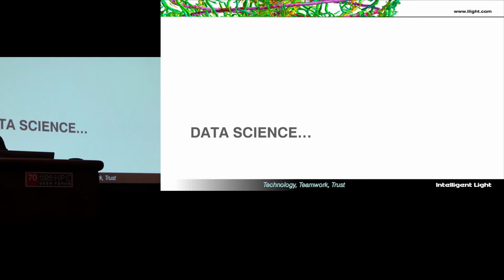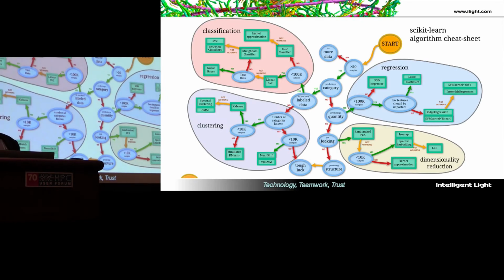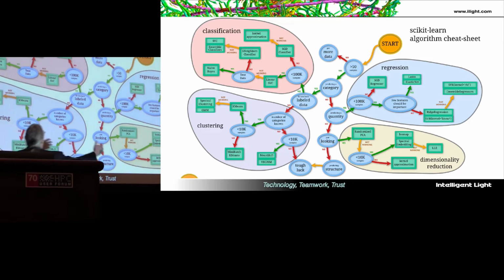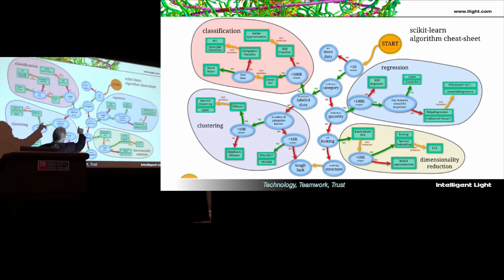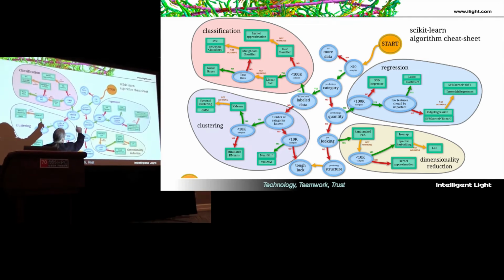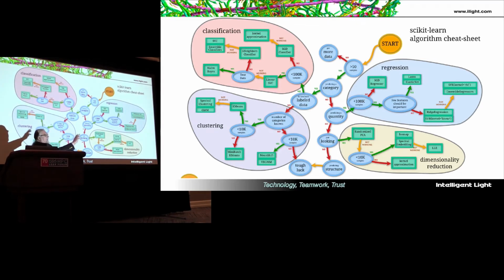So now let's talk about data science. This is one of my favorite roadmaps. So today, most everything you've heard the last 2 days is on this side of the roadmap. So you come in at the top, start. Do you have more than 50 samples? If no, get more data. I love it. It's my level here. And if you go through all this and you get down to the bottom, we have the tough luck.